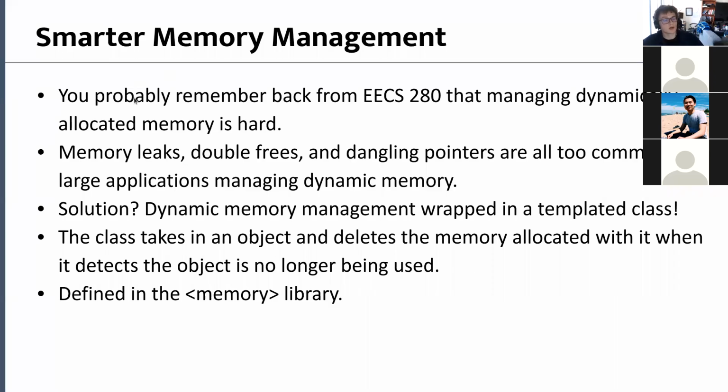So, totally shifting gears here. You probably remember from EECS 280 that managing dynamically allocated memory is hard. You saw a lot of that in what we just talked about here. A lot of issues: dangling pointers, double frees, memory leaks, all that good stuff. And there is a special class of objects that you can use in C++ and in a lot of other languages to completely avoid ever using the new or delete keywords.